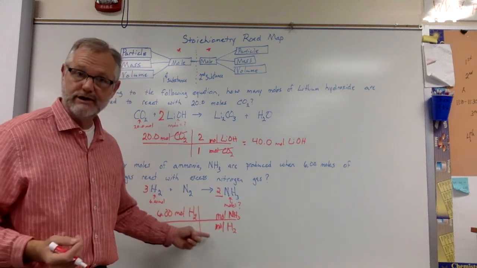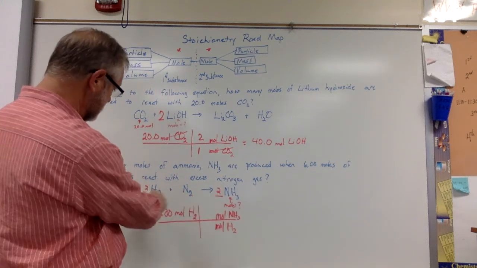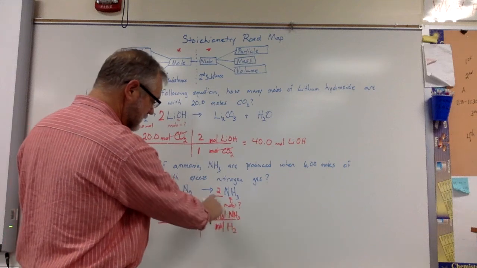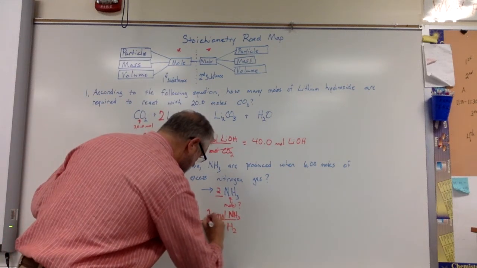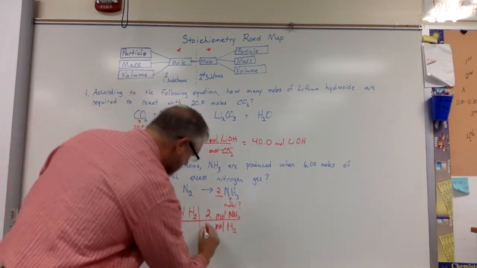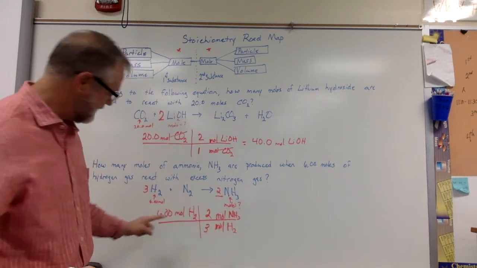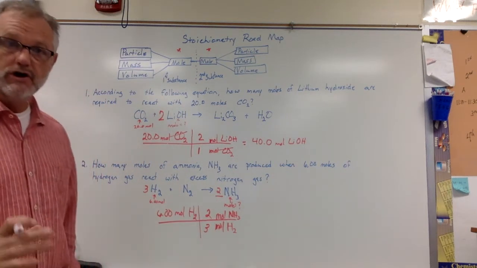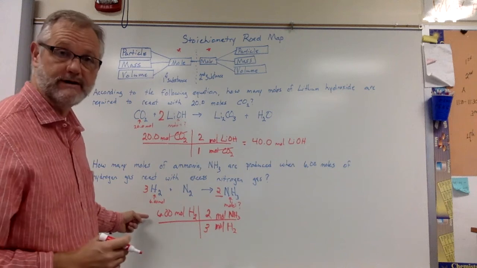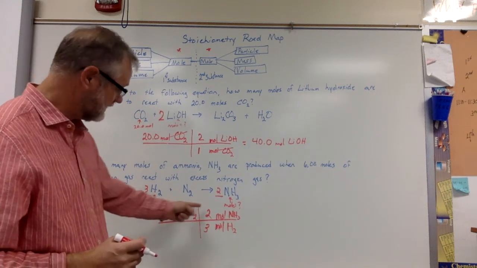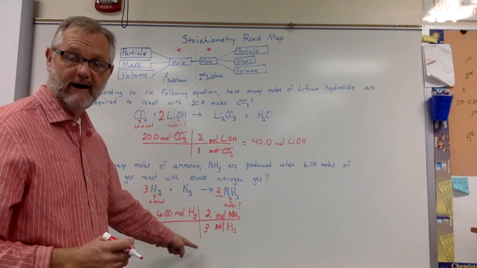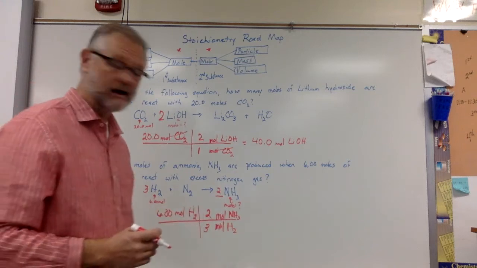Guys, to put the numbers in here, all I have to do is look at my balanced equation and say NH3 is 2. Hydrogen is 3. So I have a 3 to 2 ratio. Mathematically, that means I'm going to multiply 6 by 2, and then divide it by 3 because that is a fraction.